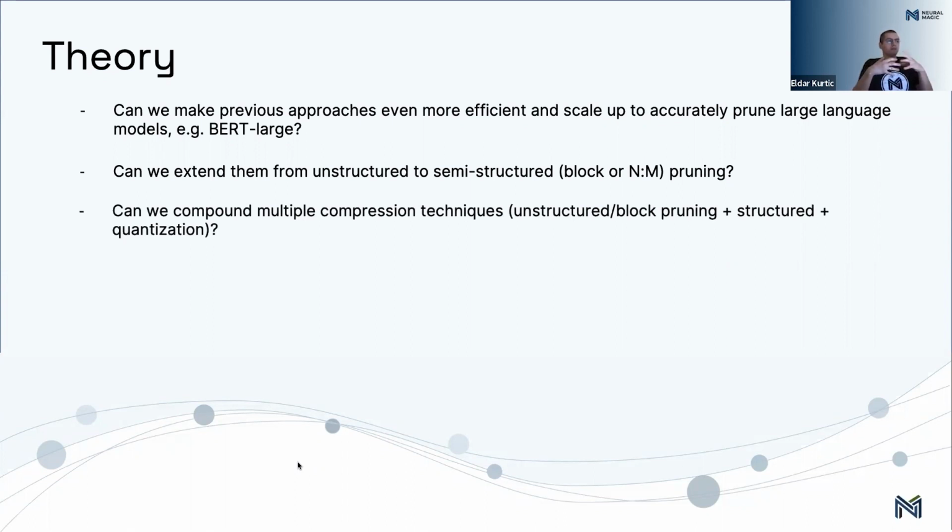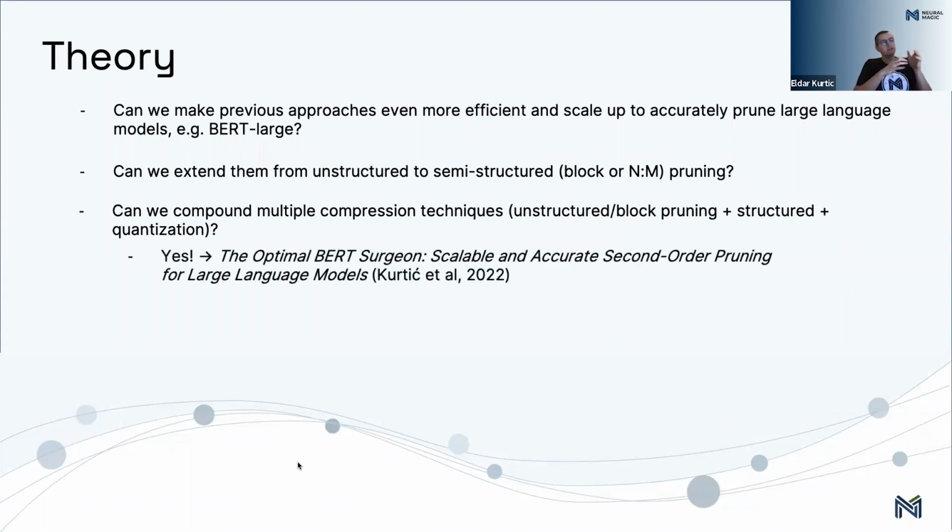So we wanted to see if we can actually combine the different compression techniques like unstructured pruning, semi-structured and structured pruning with quantization to get extremely compressed models, which we can run quite efficiently on any kind of hardware.